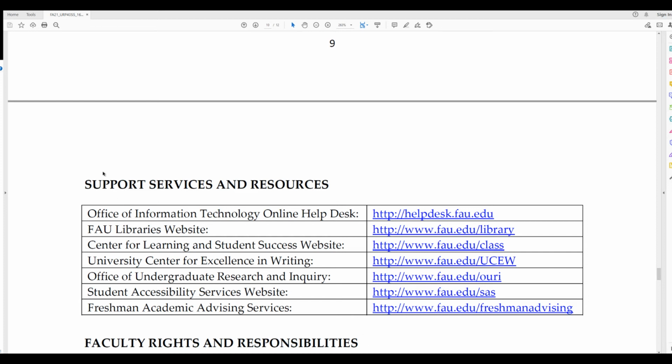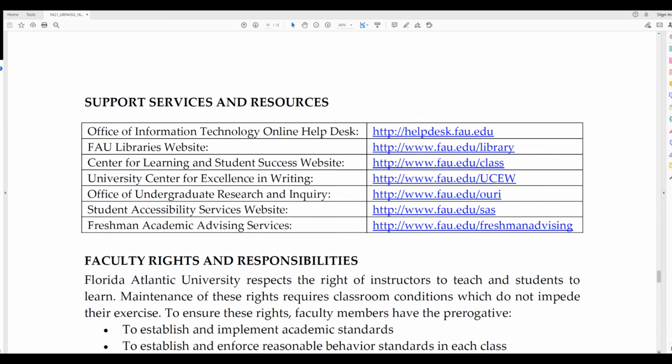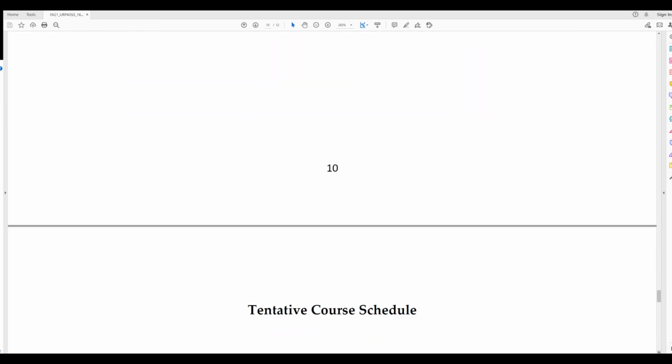For those who need writing assistance, the University Center for Excellence in Writing would be able to help, but you have to schedule the appointment ahead of the assignment due dates, so that they have time to review your assignments and provide any necessary assistance.